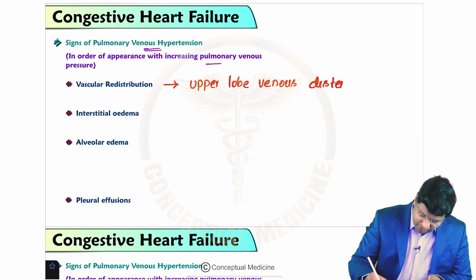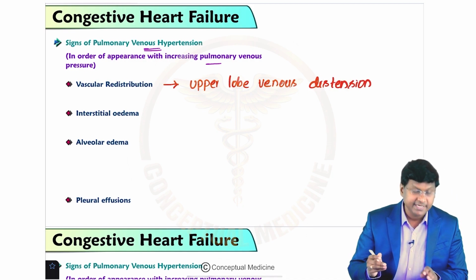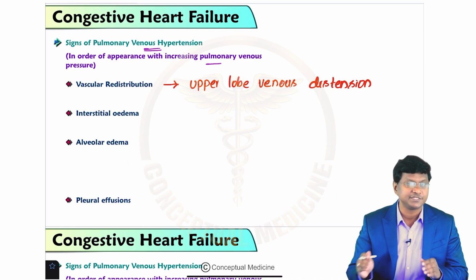Right, so this upper lobe venous distension will be the earliest chest x-ray finding in patients with left-sided heart failure.